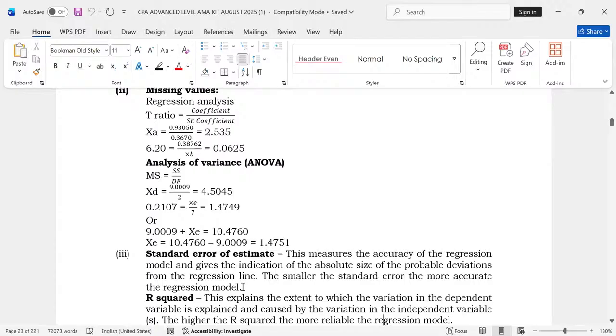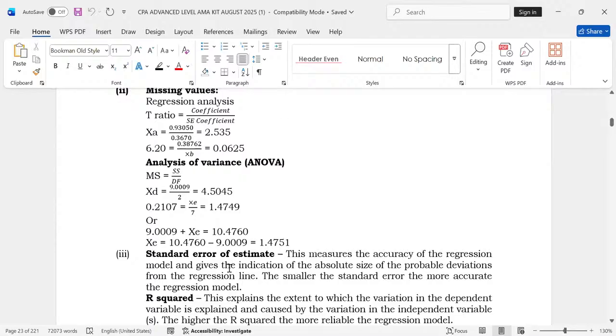It's an error, and an error is a deviation. If the error is big, then the model will become inaccurate in terms of predictions. The smaller the standard error, the more accurate the regression model is. Up to there, are we together?